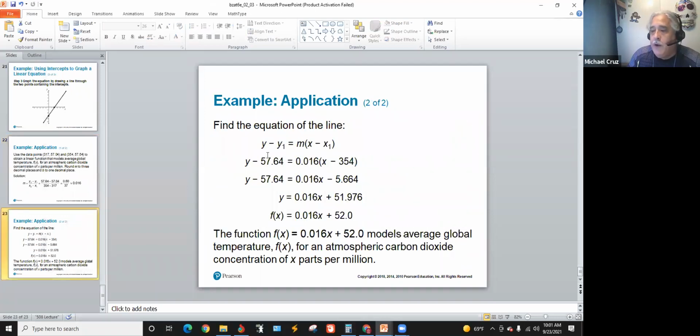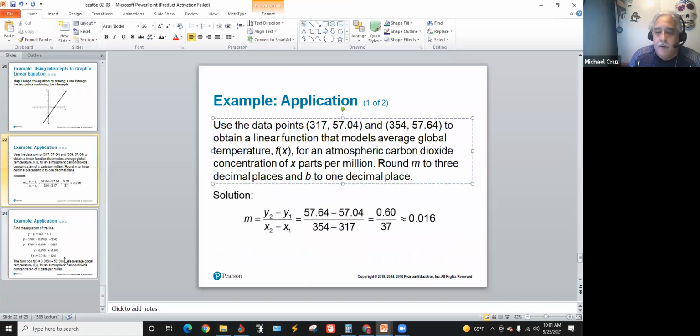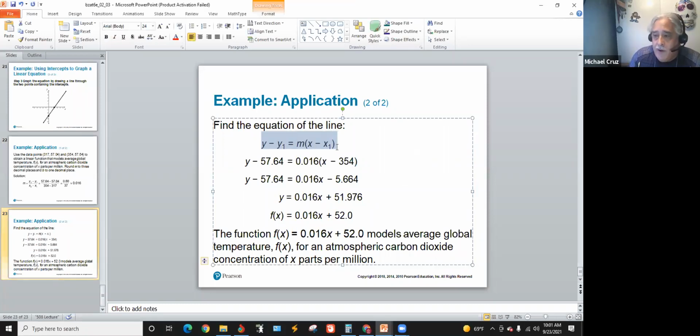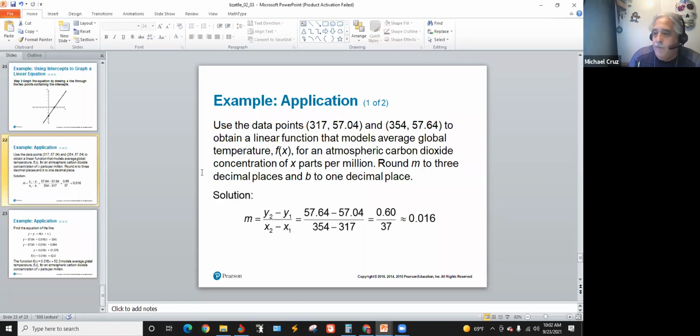So what we can do is take one of the points, and it really doesn't matter. They took the second one. You could use either one, same results. So we're using the point-slope form: y minus the y coordinate is equal to m, the slope we just calculated, times, and you have to multiply both of those things, that's why it's in parentheses, x minus 354.